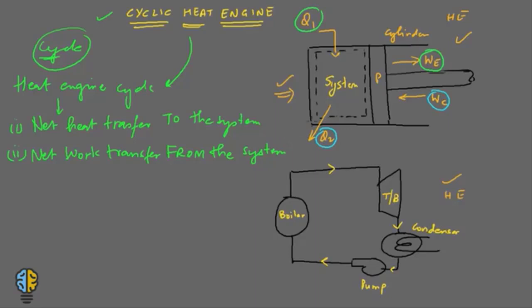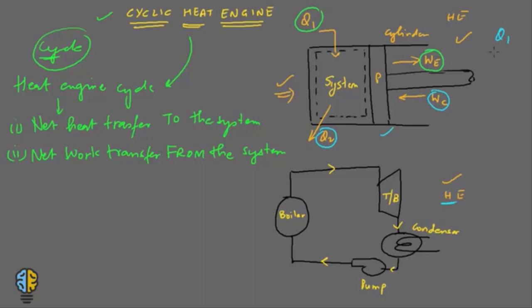Now, we stay on this system before we move on to the steam power plant. If this system is brought back to the initial state through all these four successive processes, it will make a heat engine cycle. So you have four processes. The first process is the supplying of heat as Q1.